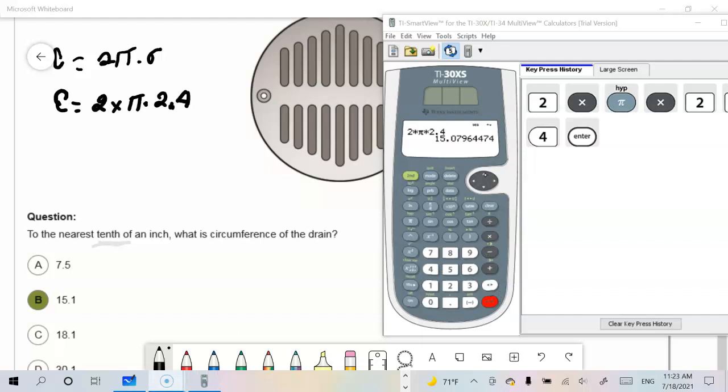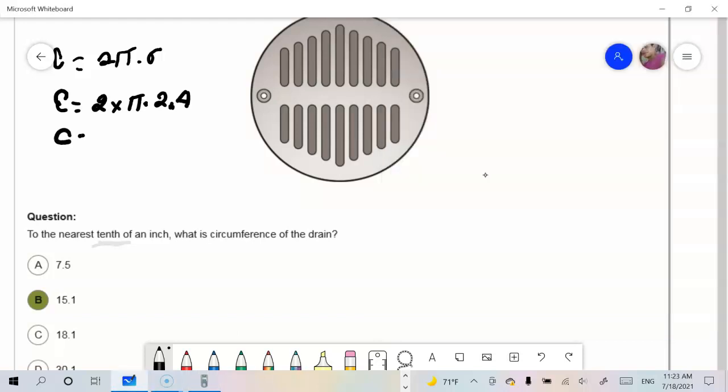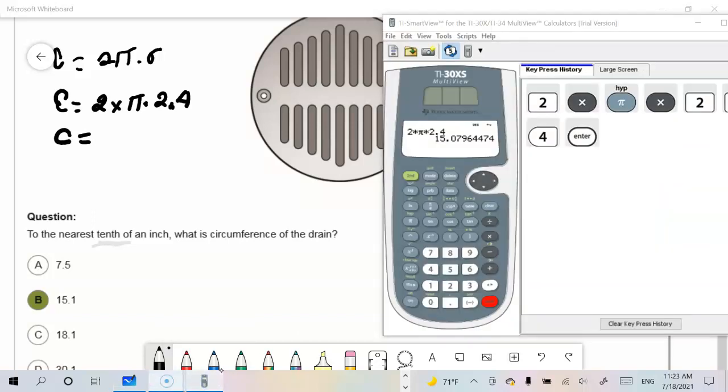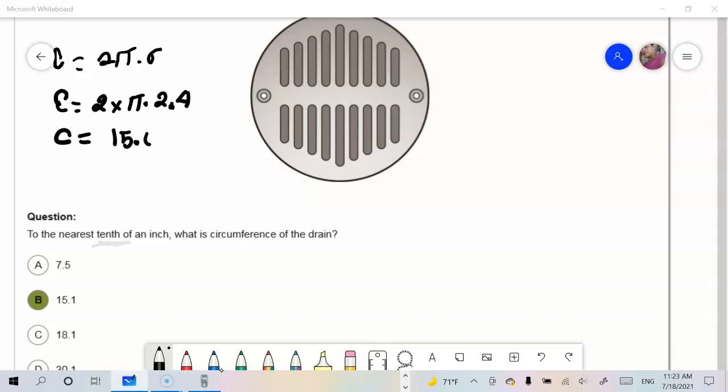And the result is that the circumference equals 15.079. But remember that the problem says that it wants you to give the answer to the nearest tenth. So remember this place value here, these are the tens, these are the ones, these are the tenths, and these are the hundredths.